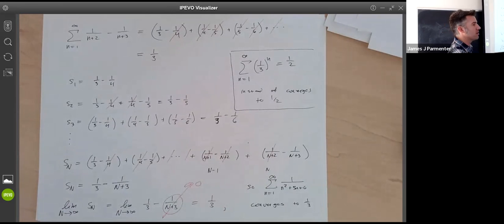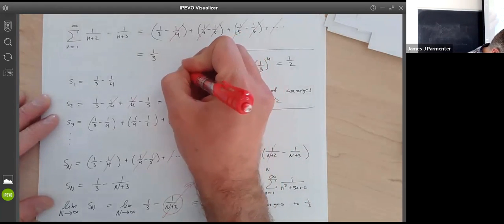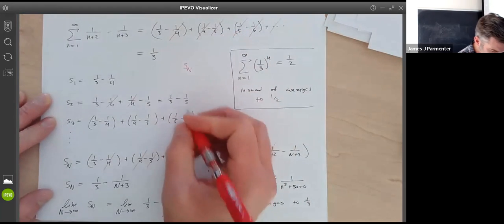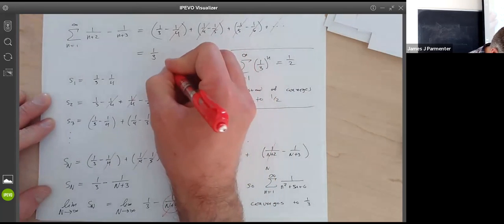Yeah, I see what you're saying. Excellent. So yes, we didn't say anything about that, but you could have made the observation here that the first partial sum is, 1/3 minus 1/4, I think, is 1/12. So you could definitely have said, oh yeah, our sequence of partial sums is definitely always bigger than or equal to 1/12.